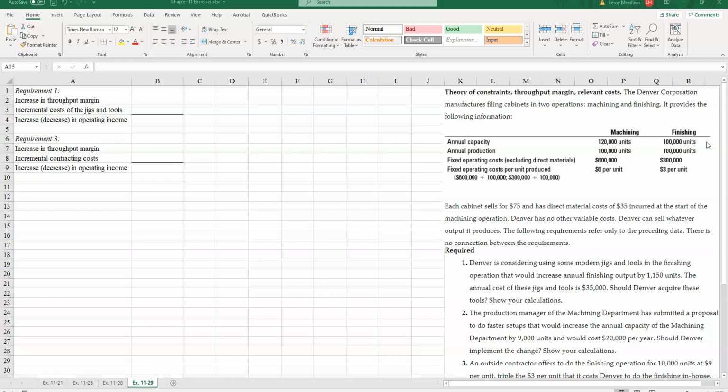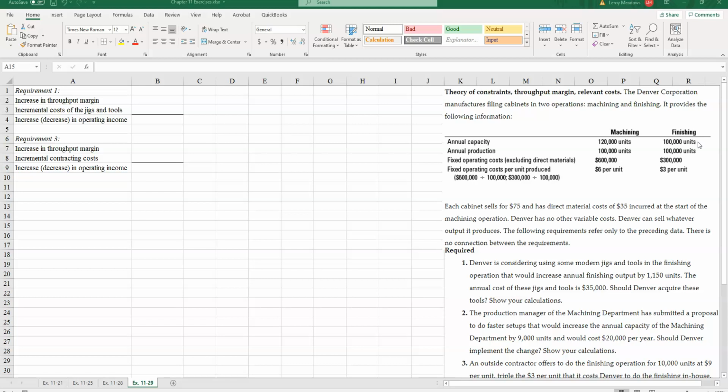So let's look at annual production. Annual production is only 100,000 units, and that makes sense because the finishing department can only deal with 100,000 units at capacity. If that's our bottleneck, then it is going to constrict our annual production to the amount of output that our bottleneck is.